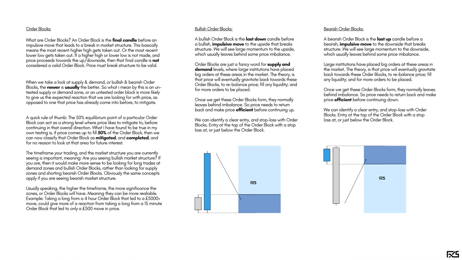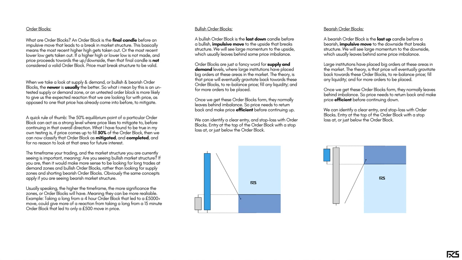What I mean by this is an untested supply or an untested demand zone, i.e. order block, is more likely to give us the expected reaction that we're looking for with price, as opposed to one that price has already come into before to mitigate. We may not see that reaction we're looking for, or it's less likely we will.